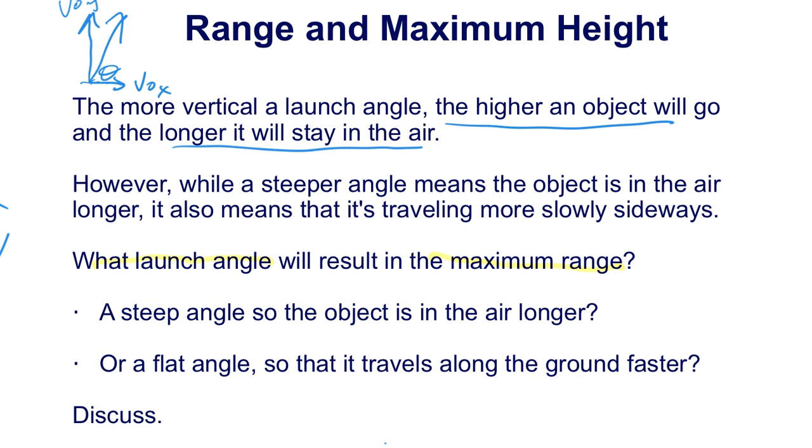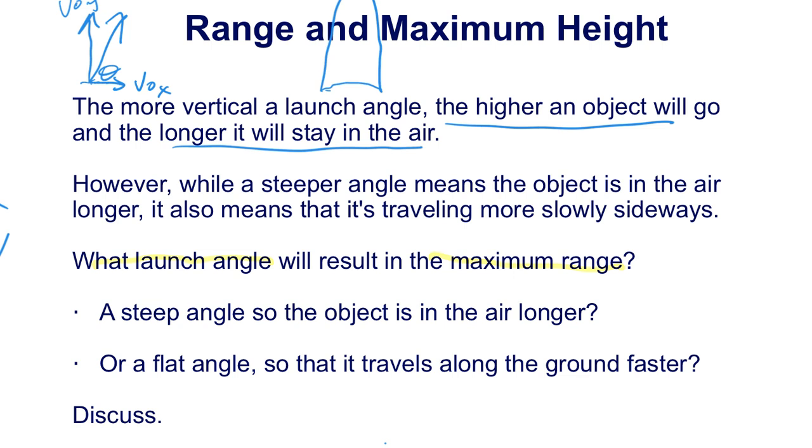But obviously, if you shoot it too high, it's not going to go so far. The smaller the launch angle, the less high it will go, and the shorter time it will stay in the air.